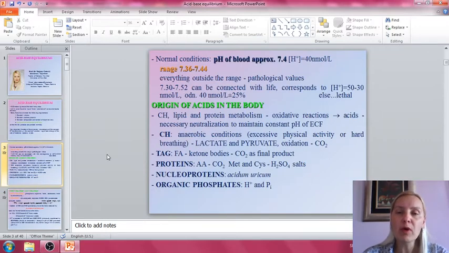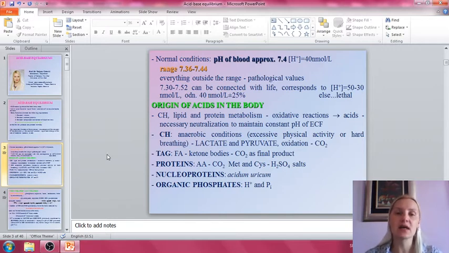So you all probably know that the approximate pH of body fluids and blood is 7.4, or the concentration of hydrogen ions is approximately 40 nanomoles per liter, with a physiological range between 7.36 and 7.44.